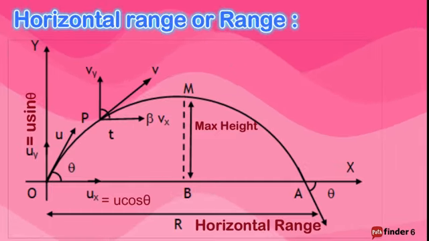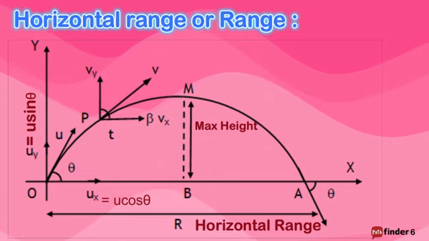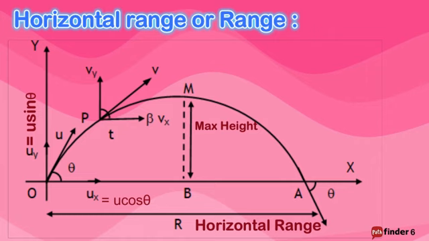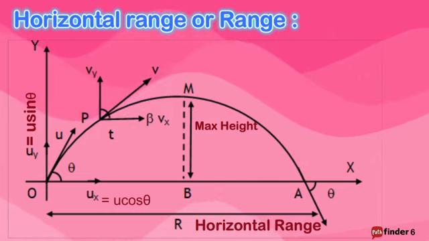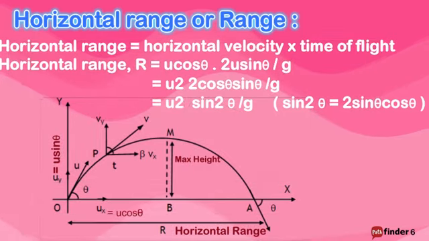Horizontal range or range. Horizontal range means the distance from point of projection, point O, from figure, to the maximum distance travelled in horizontal direction, A, from figure. It is denoted by capital R. Horizontal range is equal to horizontal velocity into time of flight.